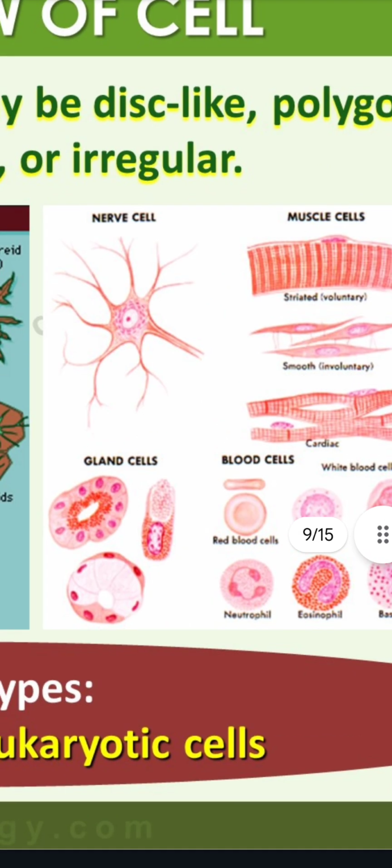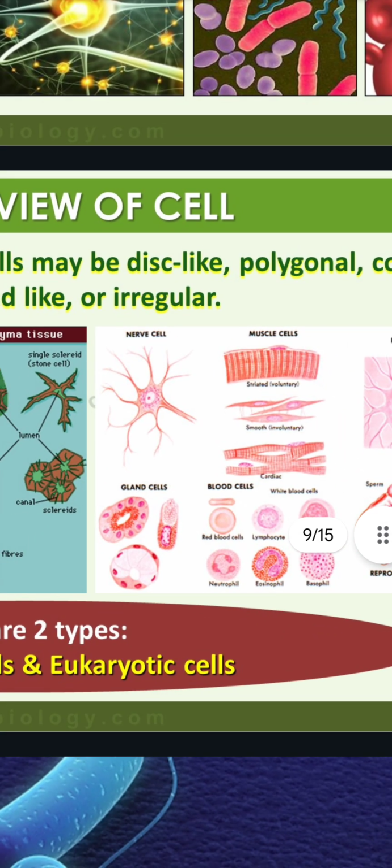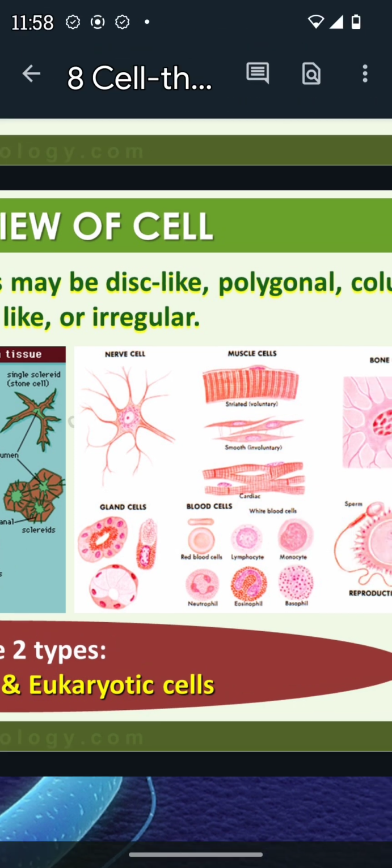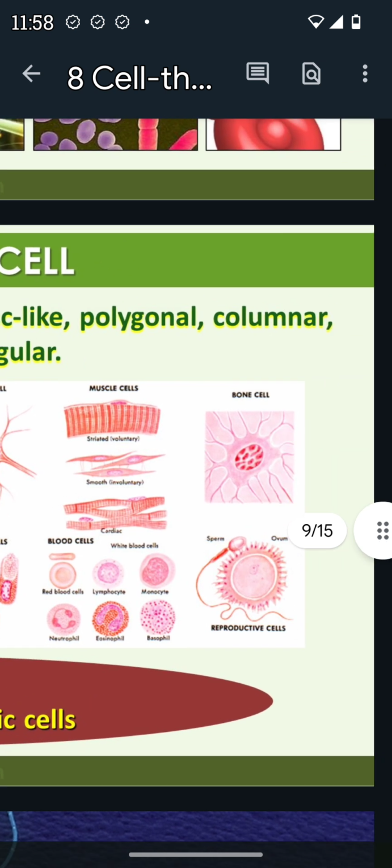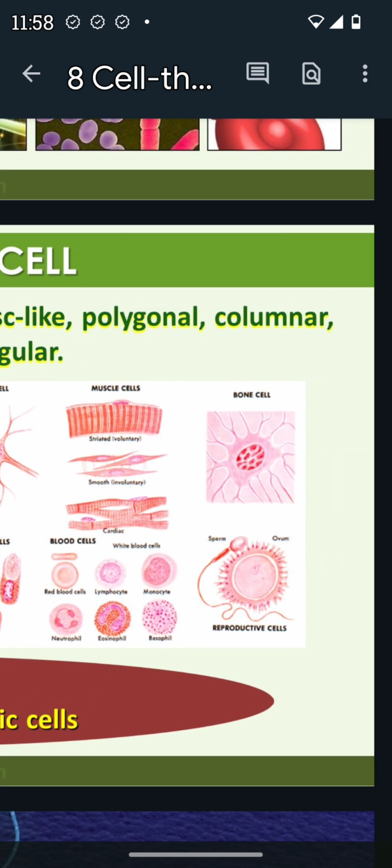As you can see, these are our gland cells. Our red blood cells are tiny and round so that they can easily flow through the veins. These are bone cells. Bone cells need to be very strong, right? And these are the reproductive cells. Depending on whether it is a sperm or an ovum, a sperm must have a long tail, which helps in motility.